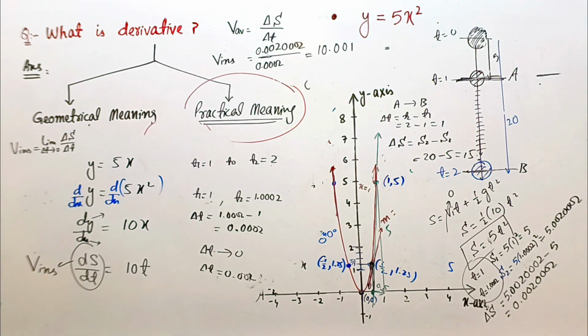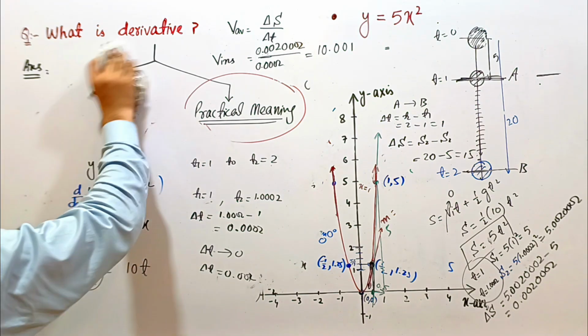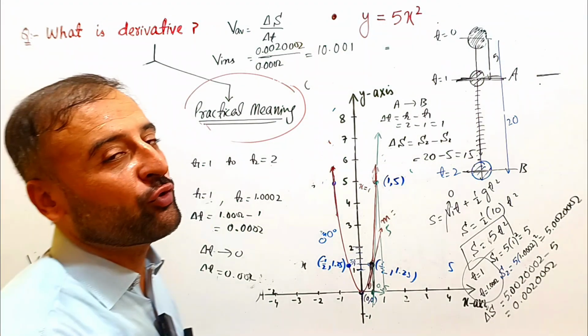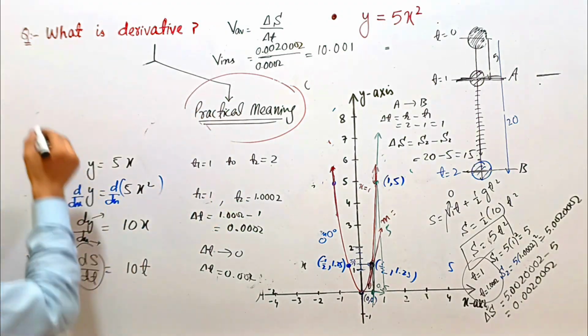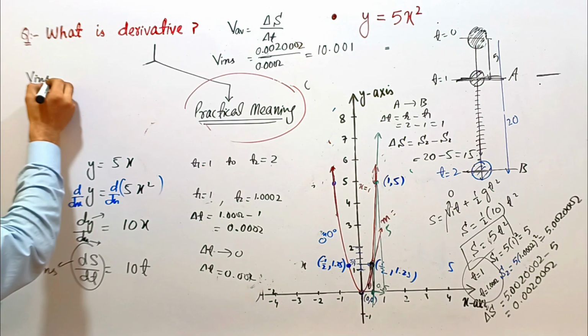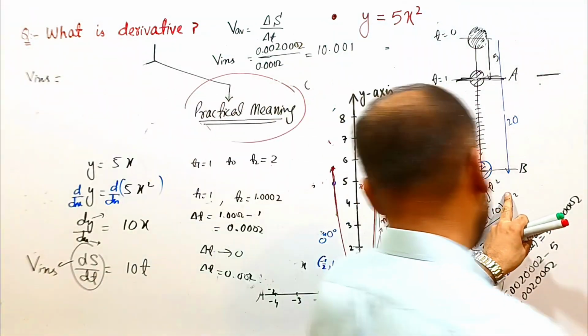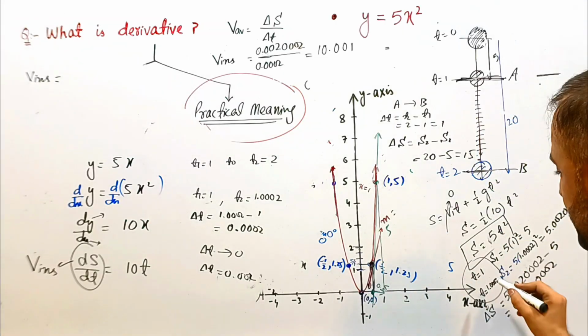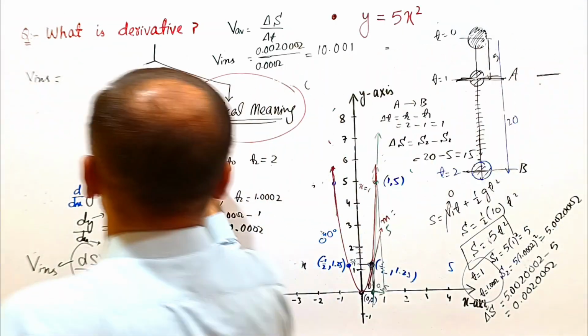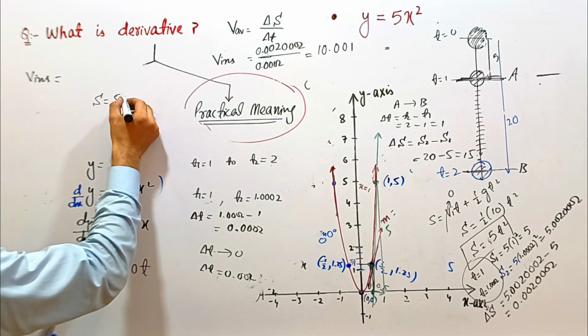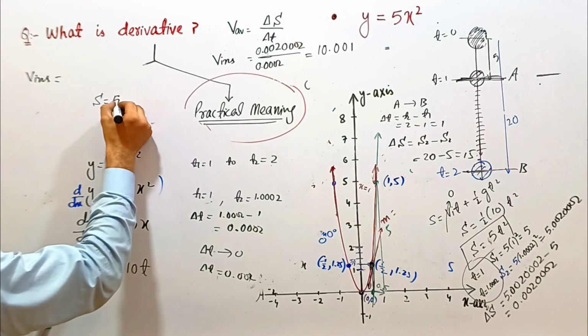My sweet students, now you came to the point. The derivative of s with respect to t will give you the instantaneous velocity. V instantaneous, students: s is given to you as 5t square.